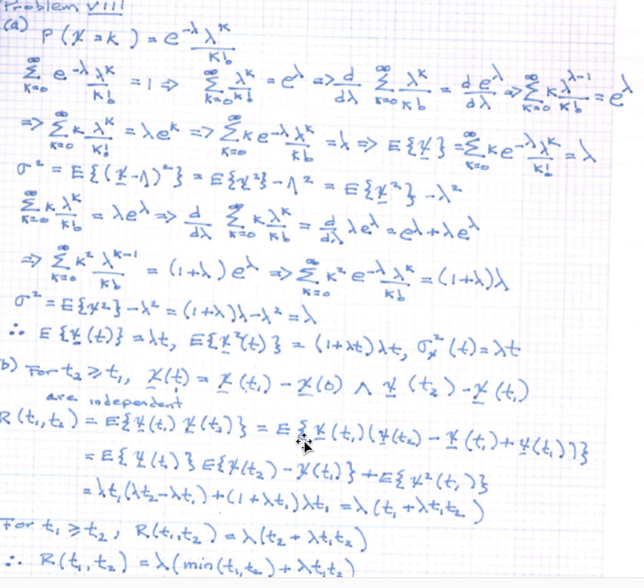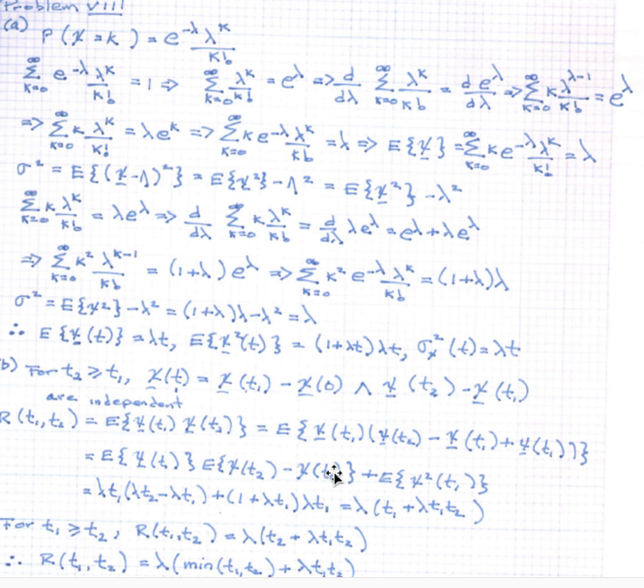And this is equal to the random variable X of t1 times the variable X of t2 minus the random variable X of t1 plus the random variable X of t1, which is a way of restating the 0, if you will. But this equals the expected value of the random variable X of t1 times the expected value of the random variable X of t2 minus the random variable X at t1.